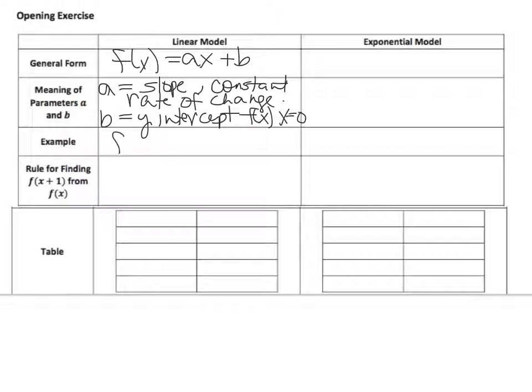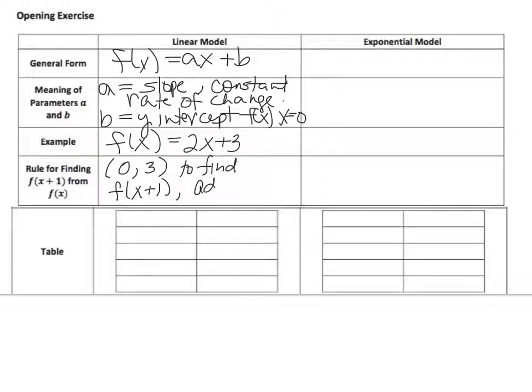Our example would be f of x equals 2x plus 3, where my constant rate of change is 2, and my y-intercept is 3. So since my y-intercept is 3, I can start at (0, 3) to find f of x plus 1.